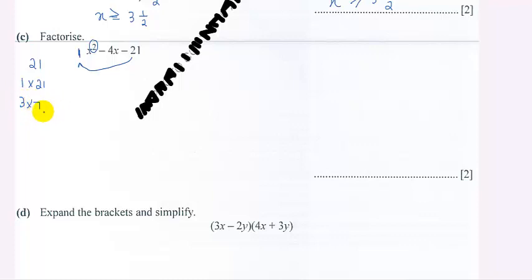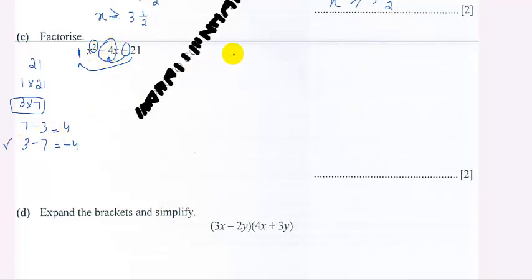I will pick the pair whose difference is 4. Now I have to decide 7 minus 3 or 3 minus 7. 7 minus 3 is plus 4 and 3 minus 7 is minus 4. So I would like minus 4.